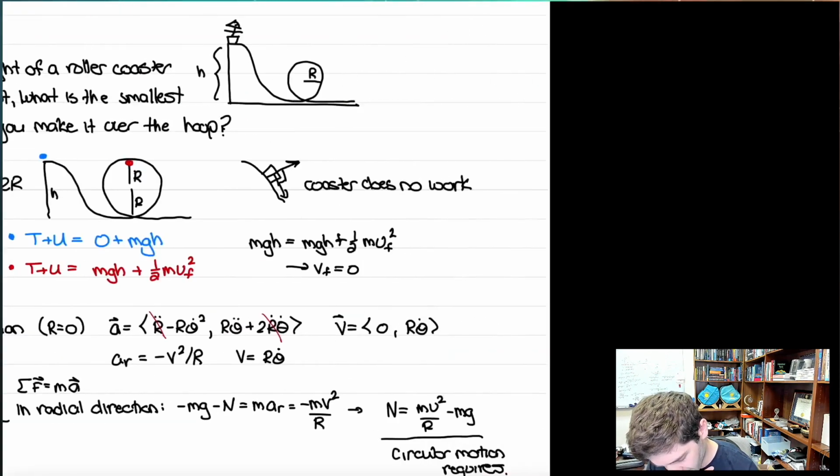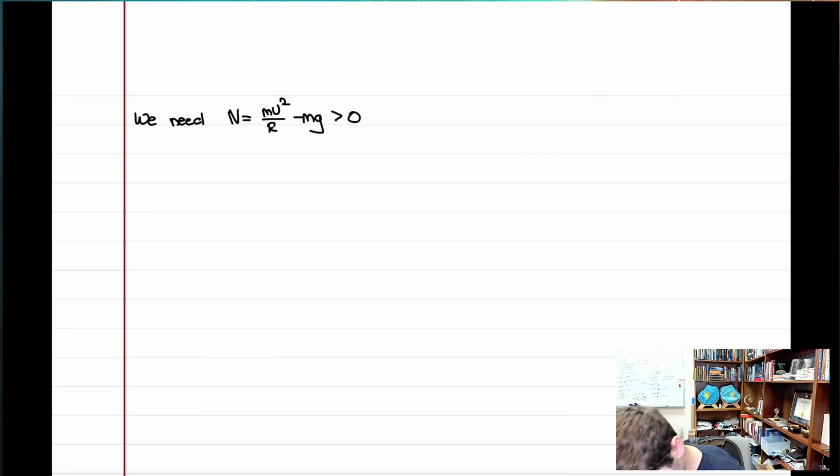So if I copy that over to the other page, we need this normal force, which I wrote as mv squared over r minus mg, to be greater than 0.